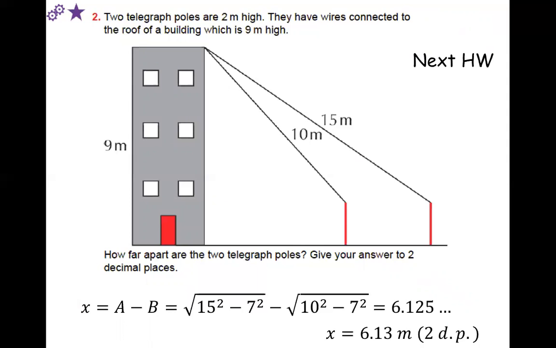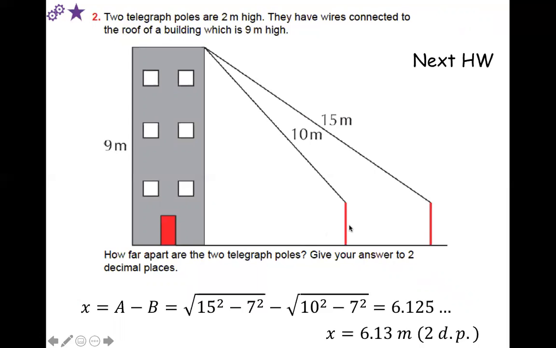They have wires, or straight wires, hopefully connected to the roof of a building. And the building itself is 9 meter high. How far apart are the two telegraph poles? So basically this distance here between the two.